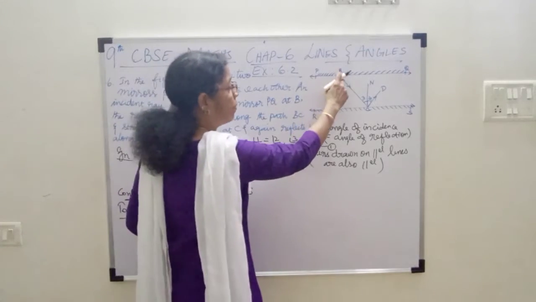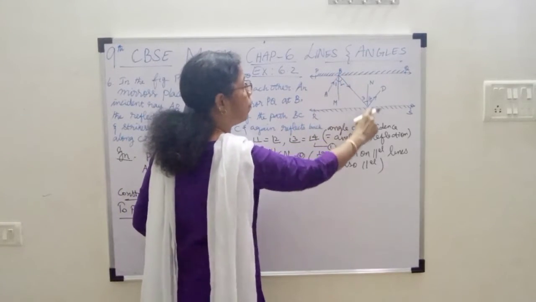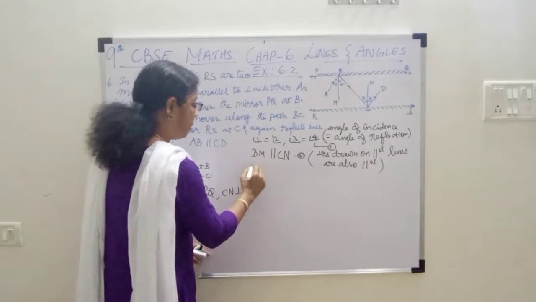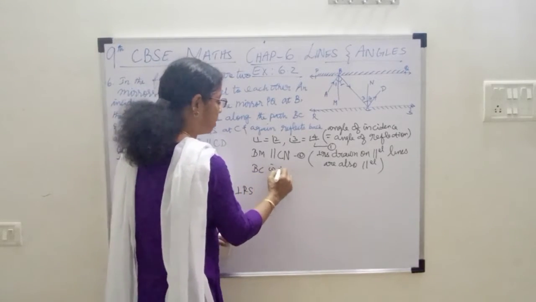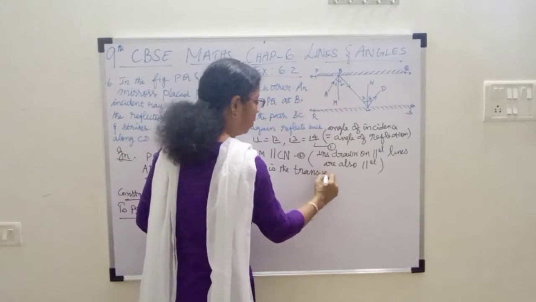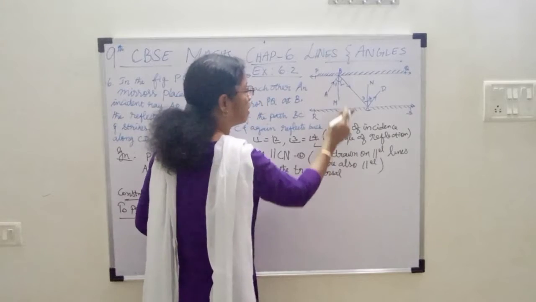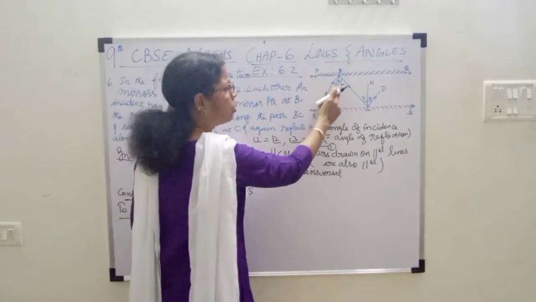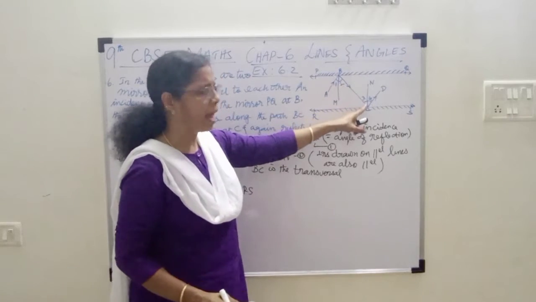Now you have a line BC along these two parallel lines BM and CN. Clear? That BC will be considered as the transversal between the parallel lines BM and CN. So what about angle 2 and angle 3?